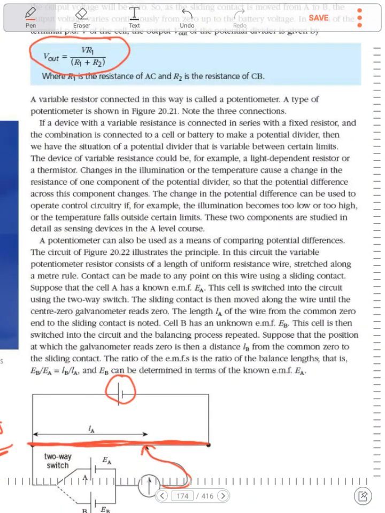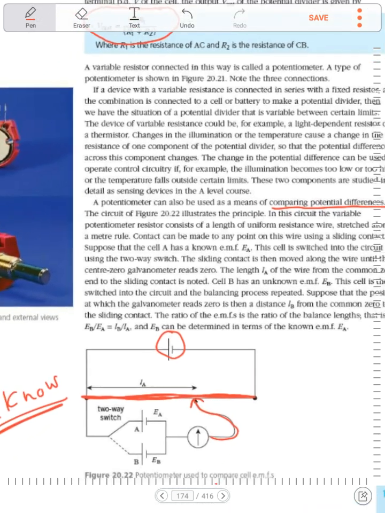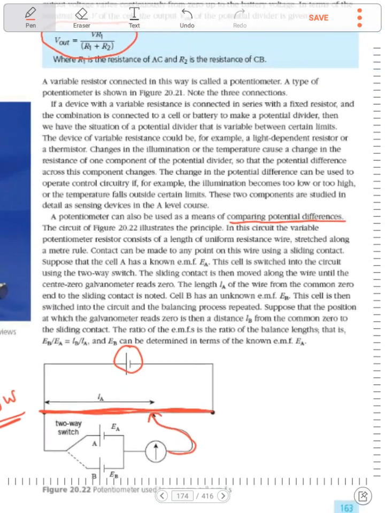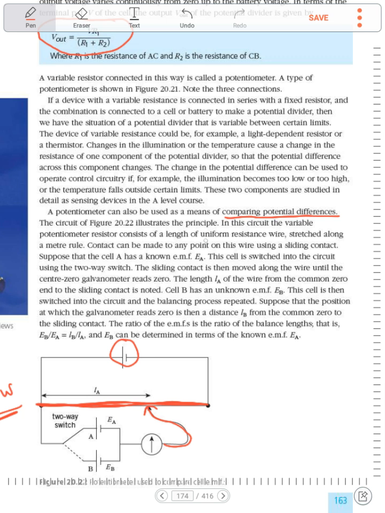A potentiometer can also be used as a means of comparing potential differences. The circuit in figure 20.22 illustrates the principle. In this circuit, the variable potentiometer resistor consists of a length of uniform resistance wire, stretched along a meter rule.